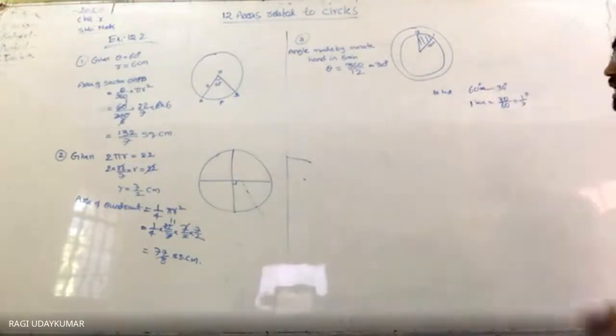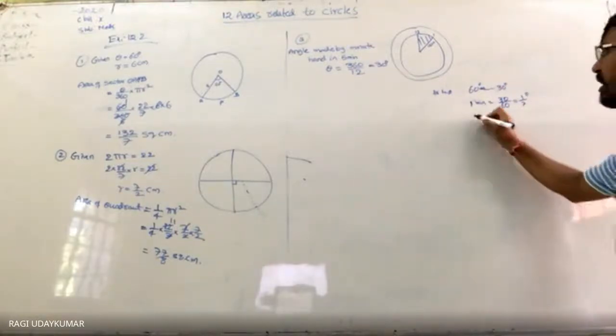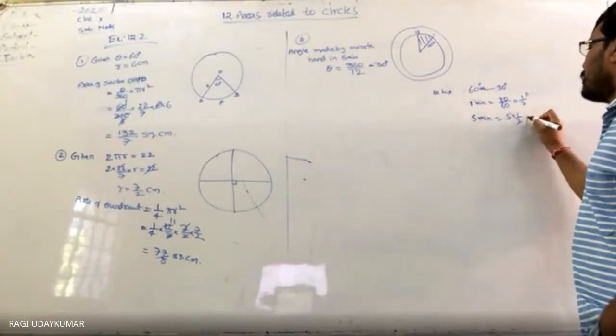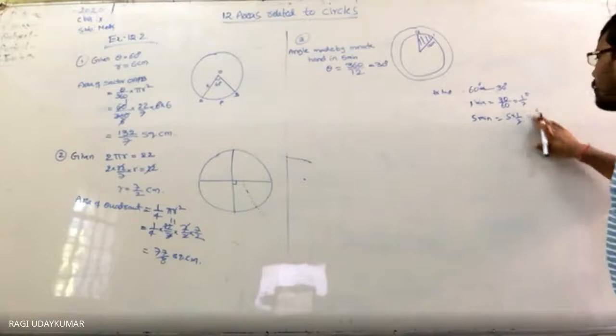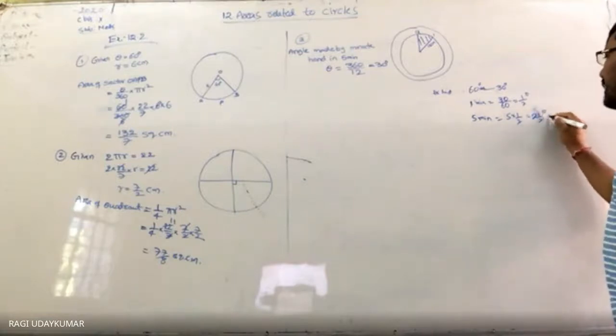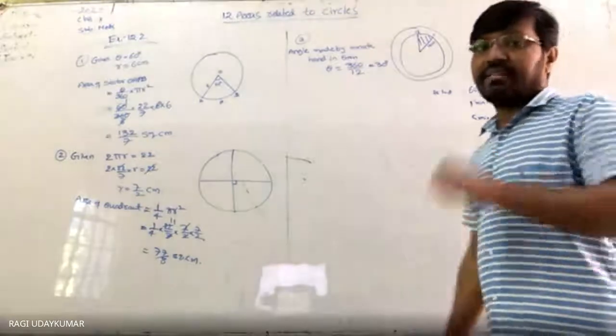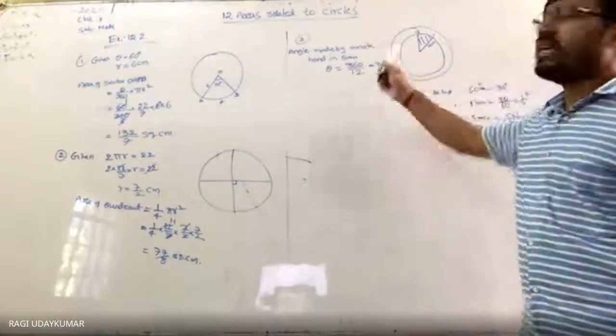For 5 minutes, 5 into 1 by 2 is 2.5 degrees. So if the hour hand is given instead of the minute hand, the angle is taken as 2.5 degrees.